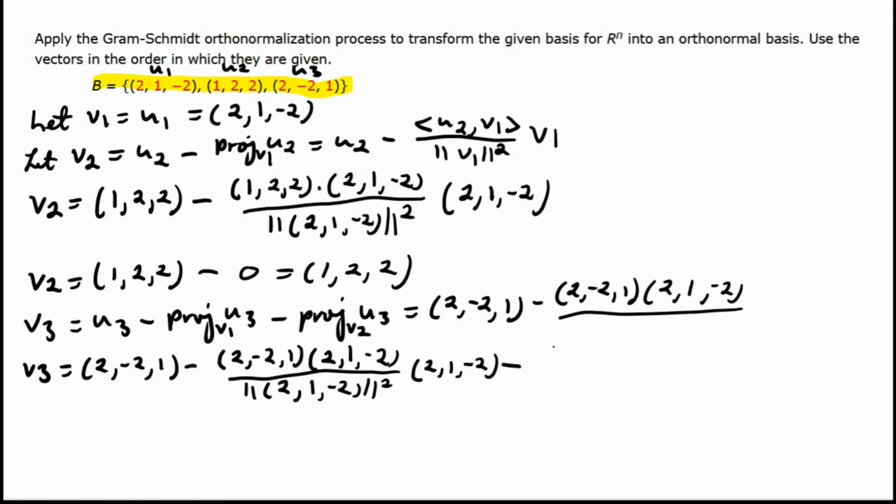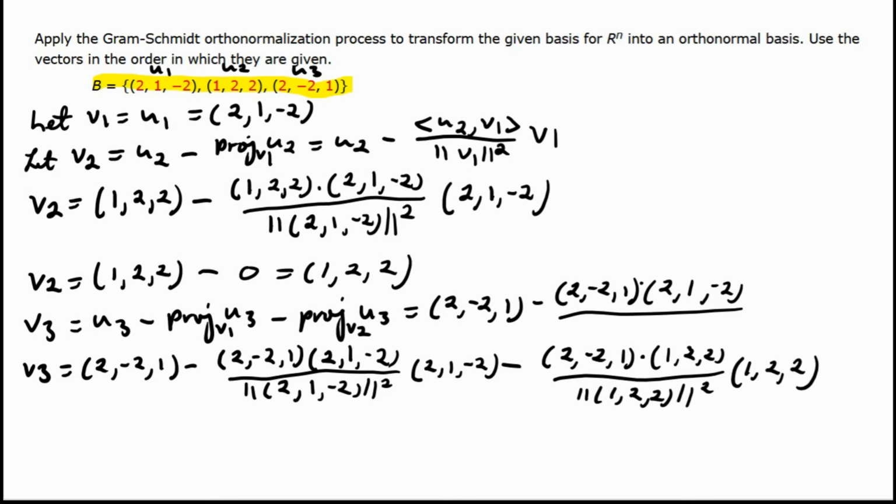So u sub 3, take the dot product, this is 2, negative 2, and 1, dot product with v sub 2, 1 2 2, all over the norm of v sub 2 squared times v sub 2, 1 2 2. So now it's just a matter of working that out.